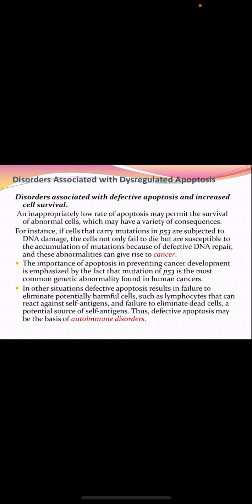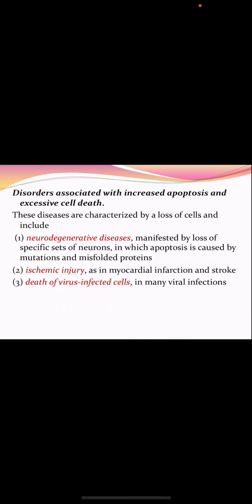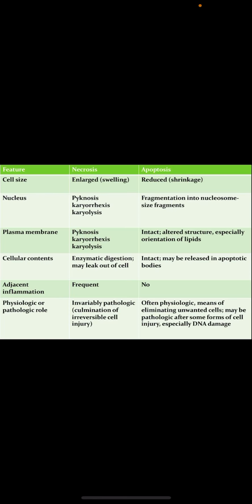Here are a few examples of disorders associated with dysregulated apoptosis, which can be seen in cancer and autoimmune disorders, or disorders associated with increased apoptosis and excessive cell death, like in neurodegenerative disease, ischemic injury, and death of virus infected cells. This is about apoptosis.